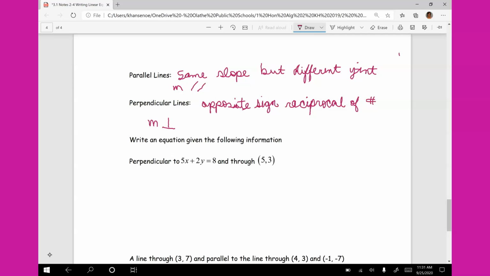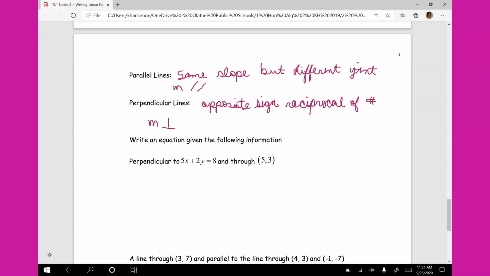So an example, if I have 1/3, then my perpendicular slope for that would be -3. If I have 2, my perpendicular slope would be -1/2.